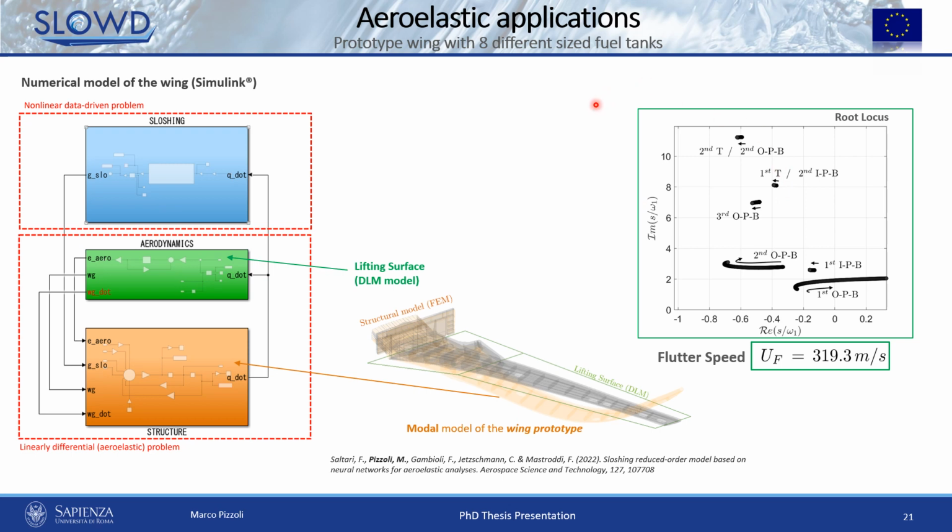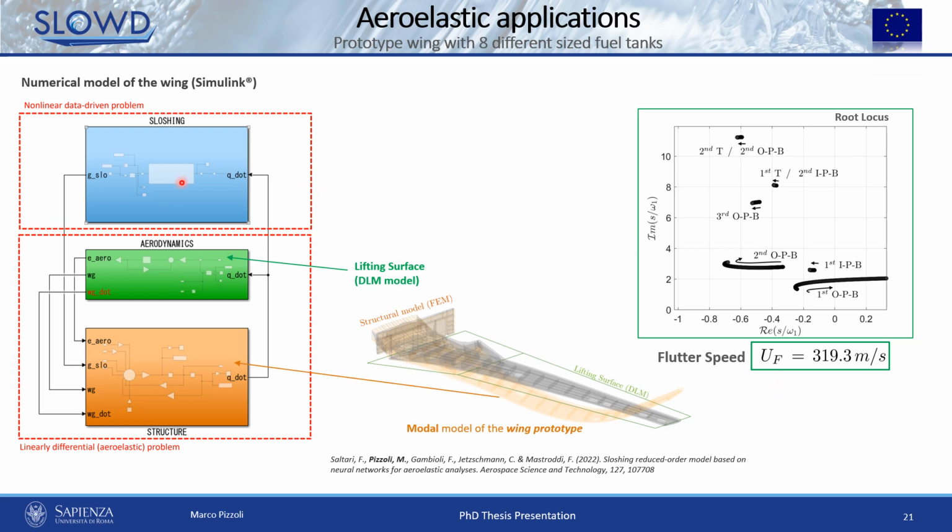And on the right, we can see the stability scenario of the linear differential problem, so the aeroelastic system, and also highlighted the flutter speed at 319.3 meters per second. So above this velocity, the system is unstable.